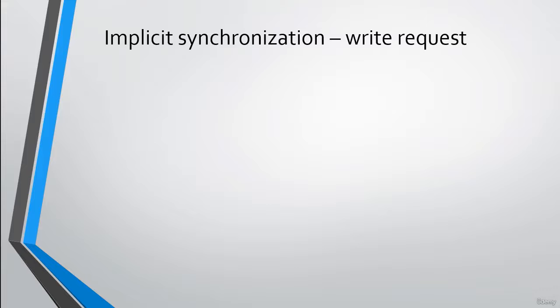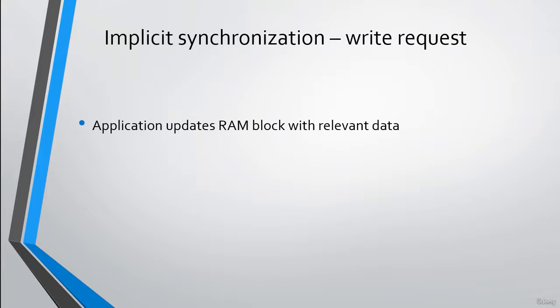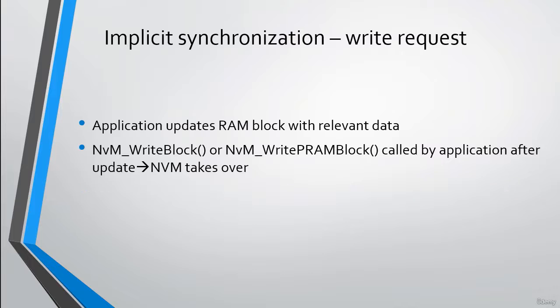In case of implicit synchronization for a single block request, the application first updates the RAM block with relevant data. Once that is done, it calls NVM write block or NVM write PRAM block.